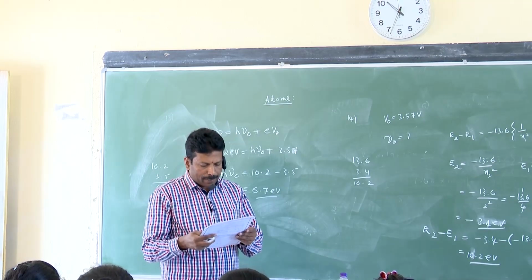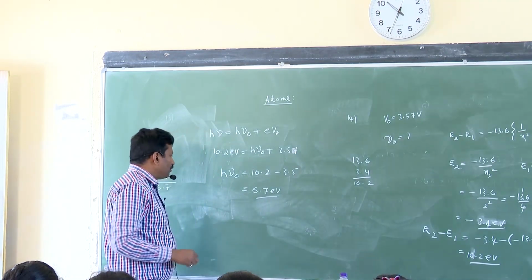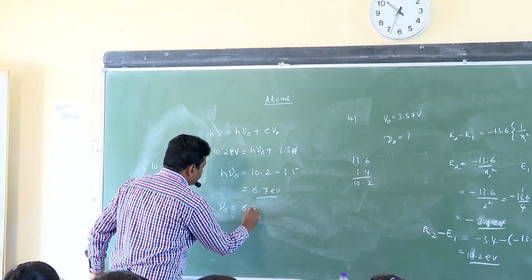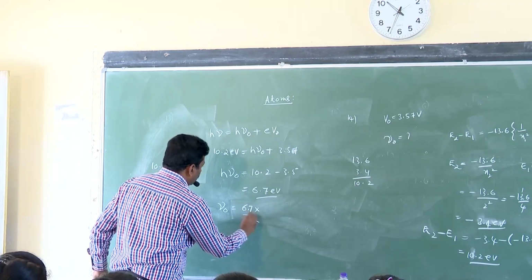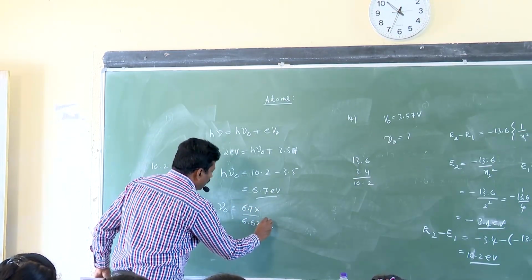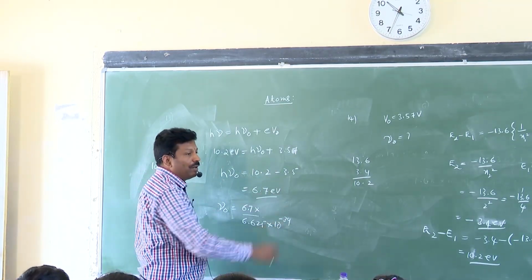Now the question is that you have to find the threshold frequency. So the threshold frequency nu naught is equal to 6.7 divided by h value, 6.625 into 10 power minus 34. This is in electron volt, so you have to convert into joules.